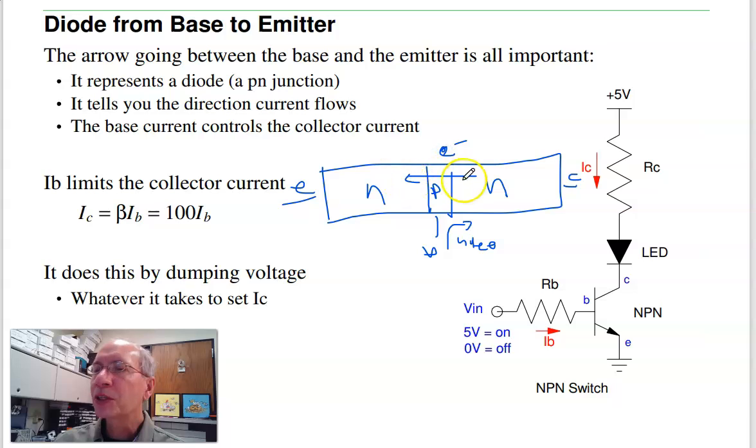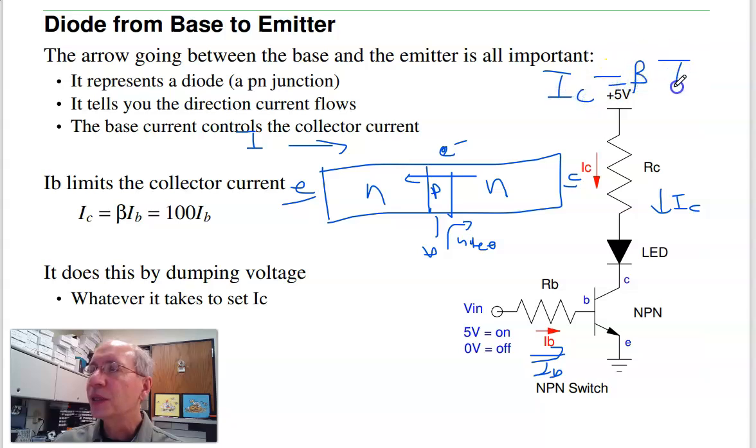And what I wind up with is current flow. I've got current, since electrons are negative charge, flowing emitter to collector. So this current right here, IC, is related to IB and proportional. So I wind up with the equation IC is some constant times IB.